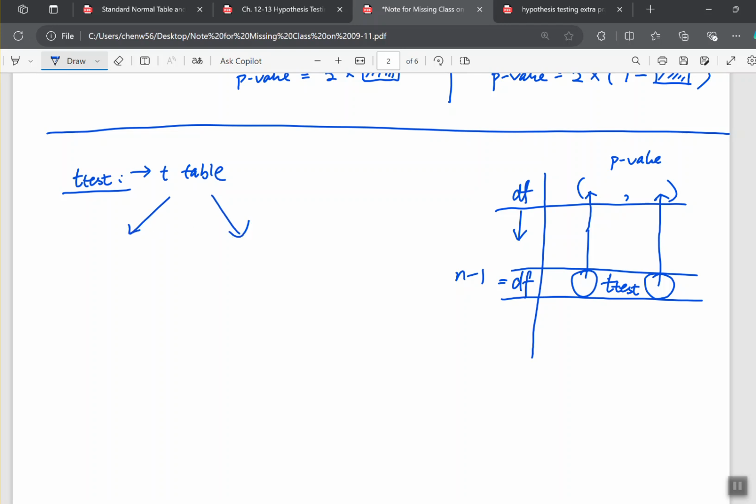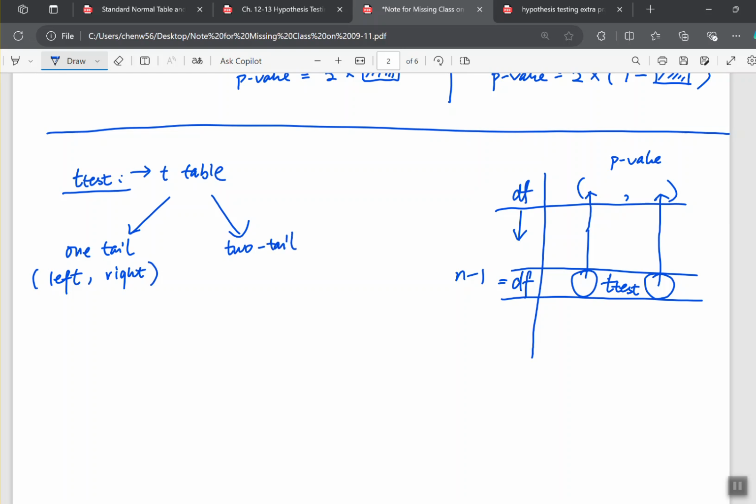One case is if you have a one-tailed hypothesis. It doesn't matter whether you have the left tail or right tail, so that will be considered one case. The other one will be two-tailed.